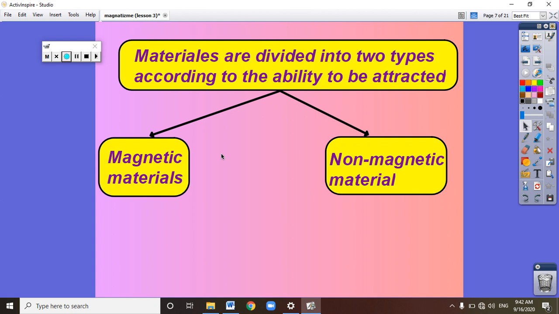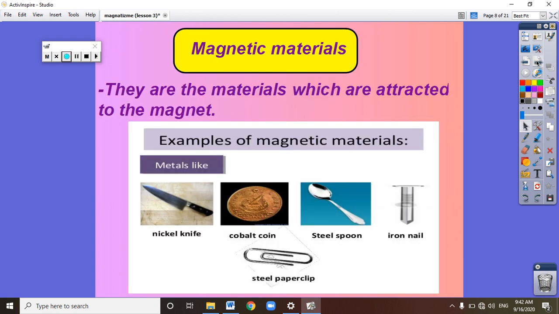But the materials which cannot be attracted to the magnet, we call non-magnetic materials. So materials are divided into two types: magnetic materials and non-magnetic materials.